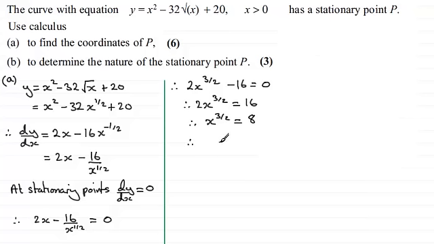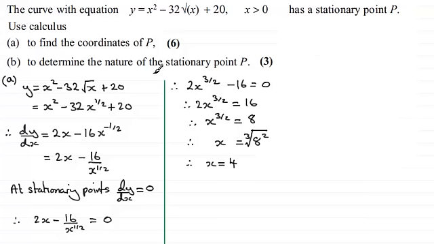So that's going to give us 8 squared. And we cubed here with the 3, so to do the opposite, we've got to do the cube root. So we've got to take the cube root then of 8 squared, and that will give us x. Well, 8 squared is 64, and the cube root of 64 is 4, so therefore x equals 4.